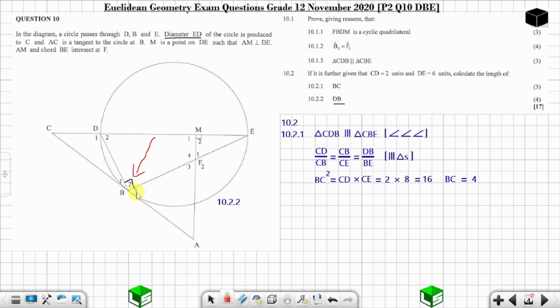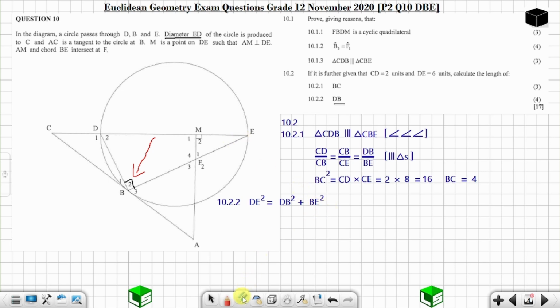So we are going to write down the Pythagoras theorem. The Pythagoras theorem says the hypotenuse squared is equal to the sum of the squares of the other two sides. DE squared is equal to DB squared plus BE squared.